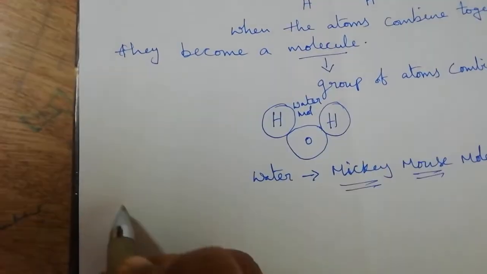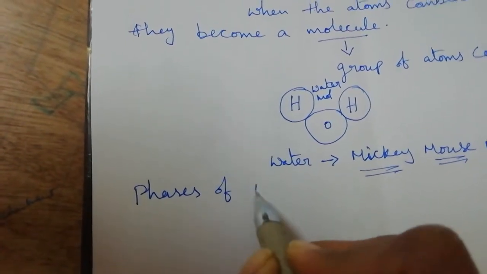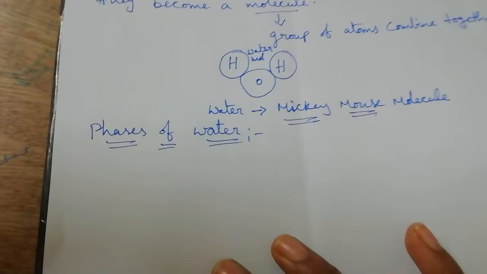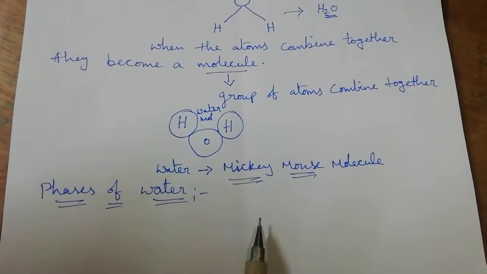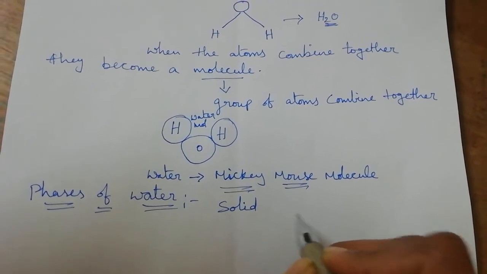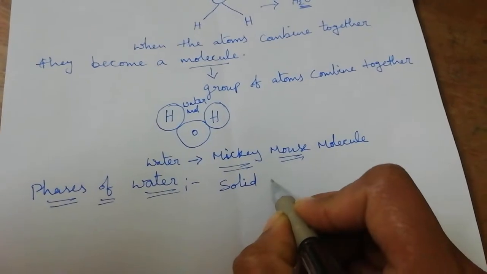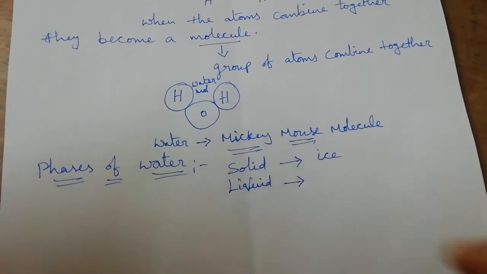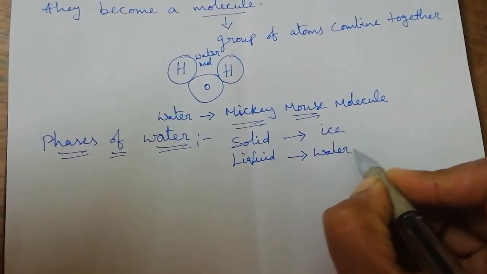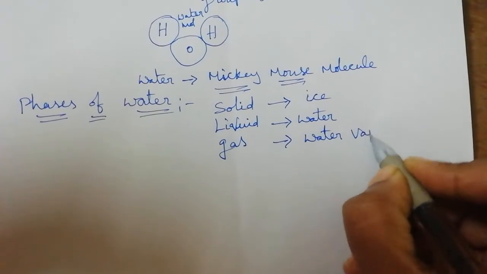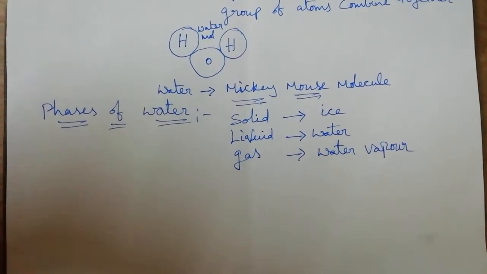Now come to this point, phases of water. These are the basic points about water we should know, because we are using it regularly. Water can exist in one of three phases: solid, which is ice; liquid, which is water; and gas, which is water vapor, which you can see in steam or clouds.